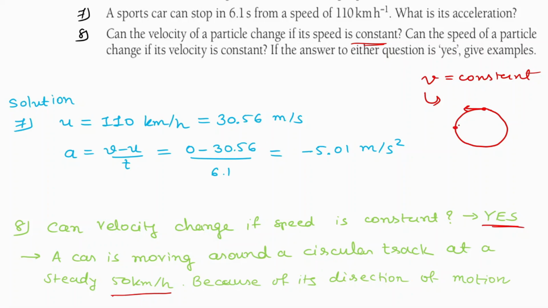After some time the car is here, and the direction of the velocity is different. Regardless, the speed is constant, 50. So the direction changes continuously. So you can say the velocity is changing even if speed is constant.